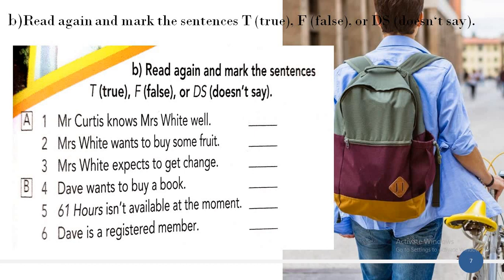Mrs. White expects to get change. Reread dialogue E and answer true, false or doesn't say. 4. Dave wants to buy a book. 5. 61 Hours isn't available at the moment. 6. Dave is a registered member. Reread the dialogue and answer. Take your time, please.